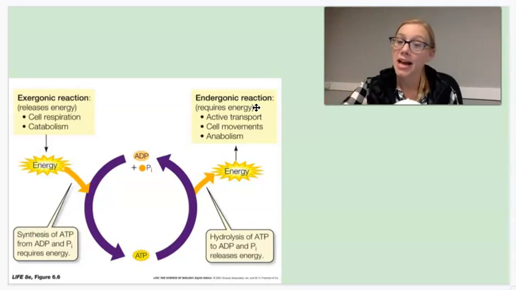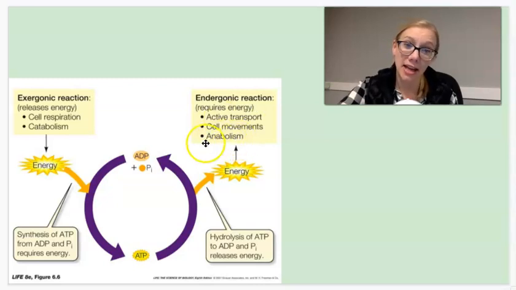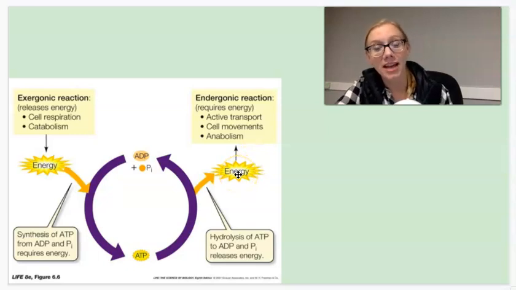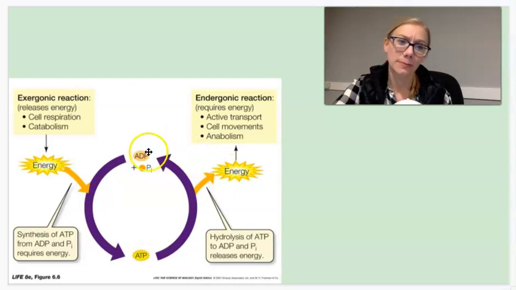Cell movements, where getting the cell to move, your flagella will take some ATP in order to work. And anabolic reactions require energy to put things together, to make up bigger molecules.